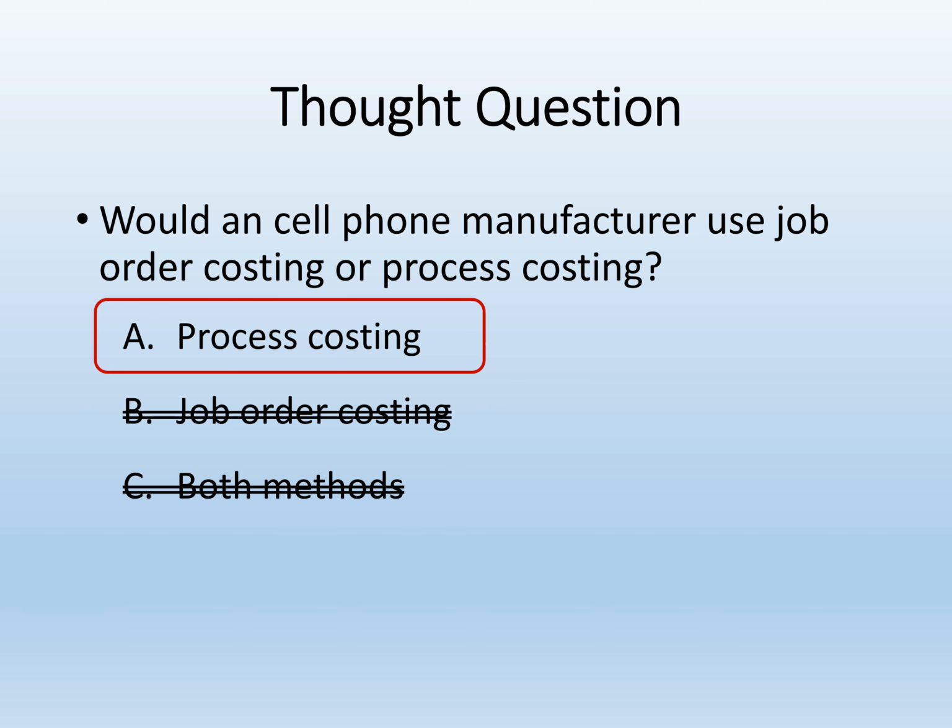So a cell phone manufacturer should probably use process costing because every cell phone, deluxe or basic, needs a circuit board, needs a memory chip, needs some wiring and a battery and a case. So the process of making a particular model of phone is the same as making any other model of phone.